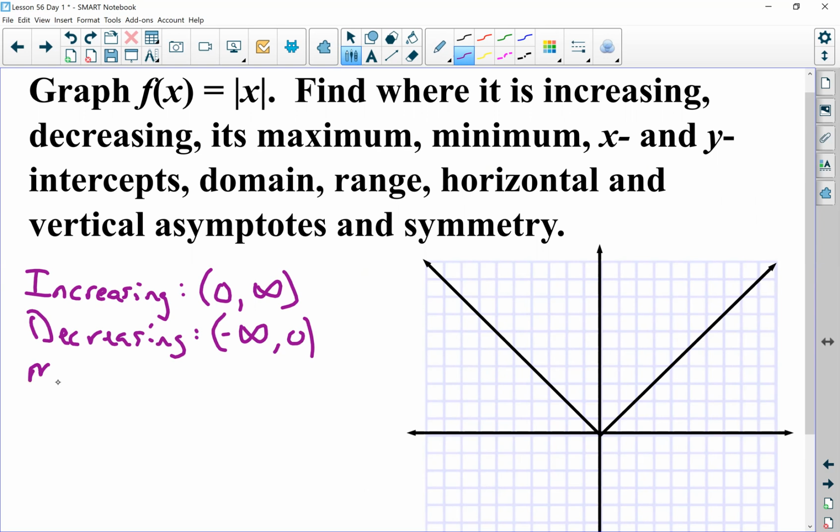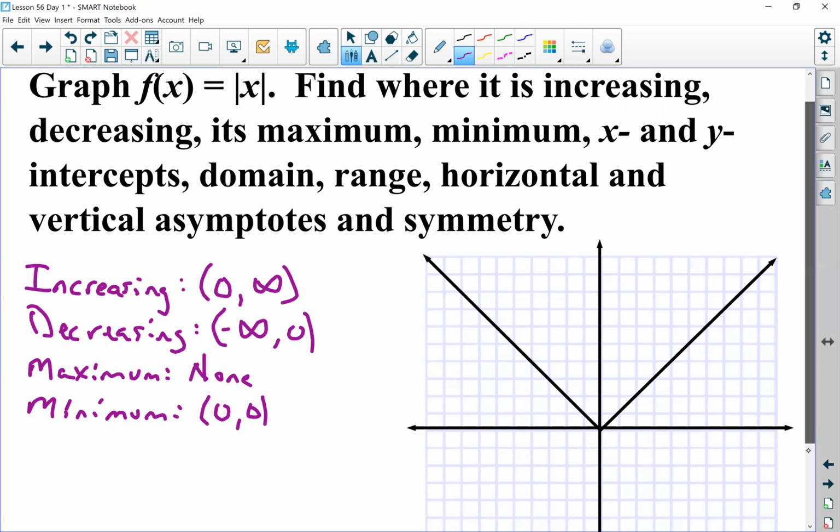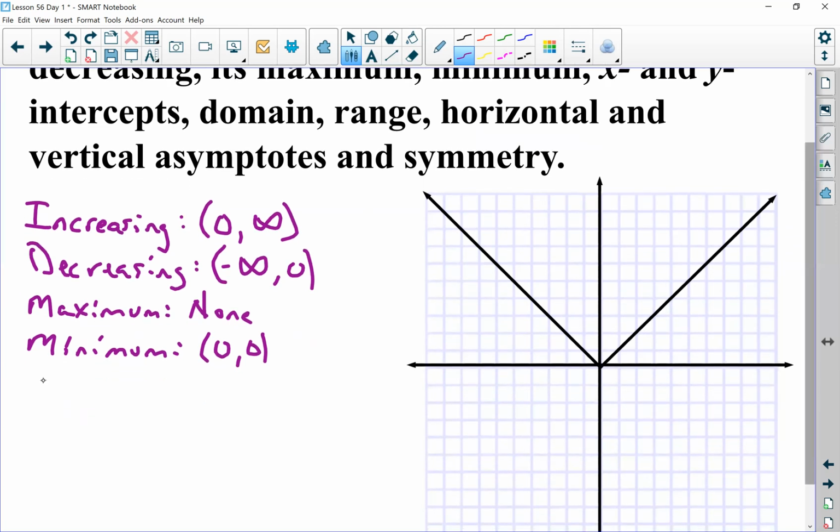Maximum, none. Minimum is at the point 0, 0. The minimum. X-intercepts. The x-intercept is the point 0, 0. Y-intercept.